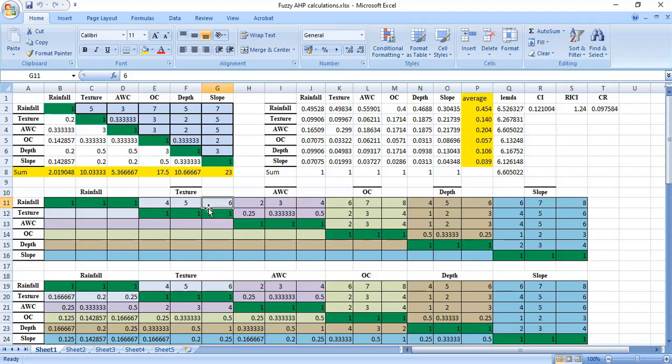Here we will be using fuzzification, the fuzzy expert opinion: my expert is not confident that it is 5, it may be 4 or it may be 6 also. Similarly, when he is comparing rainfall and AWC, he is confused between 2, 3 and 4.